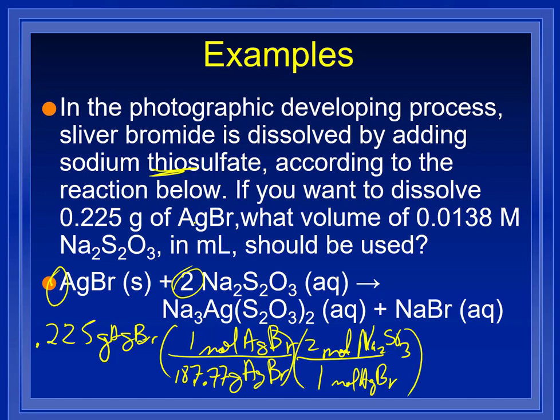Okay, so 0.225 divided by 187.77 times 2 is 0.00240 moles of sodium thiosulfate.